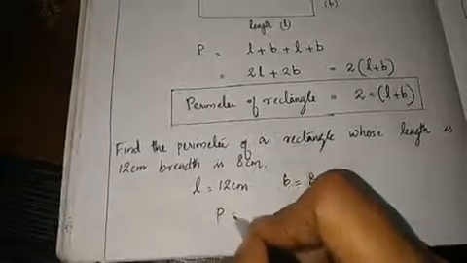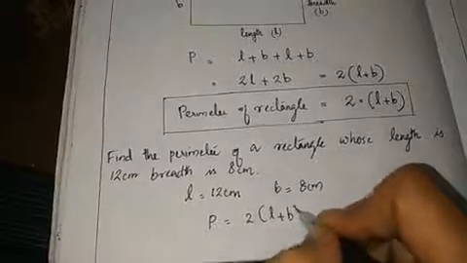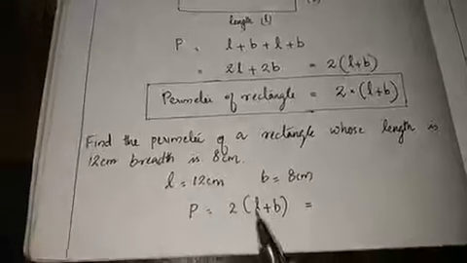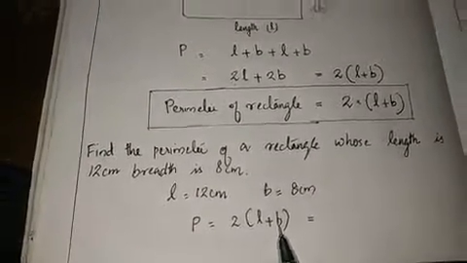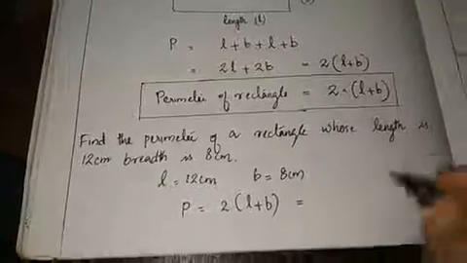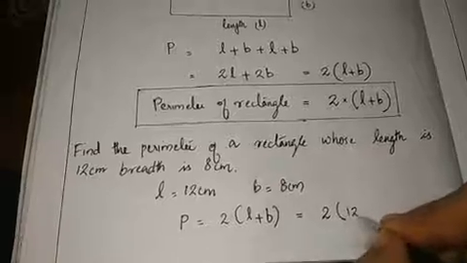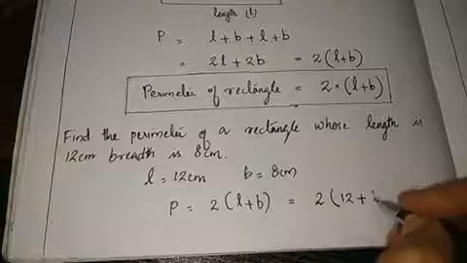P is equal to 2 into (L plus B). So we can give the values of L and B. What is L? L is equal to 12. So 2 into (12 plus B). What is B? 8.